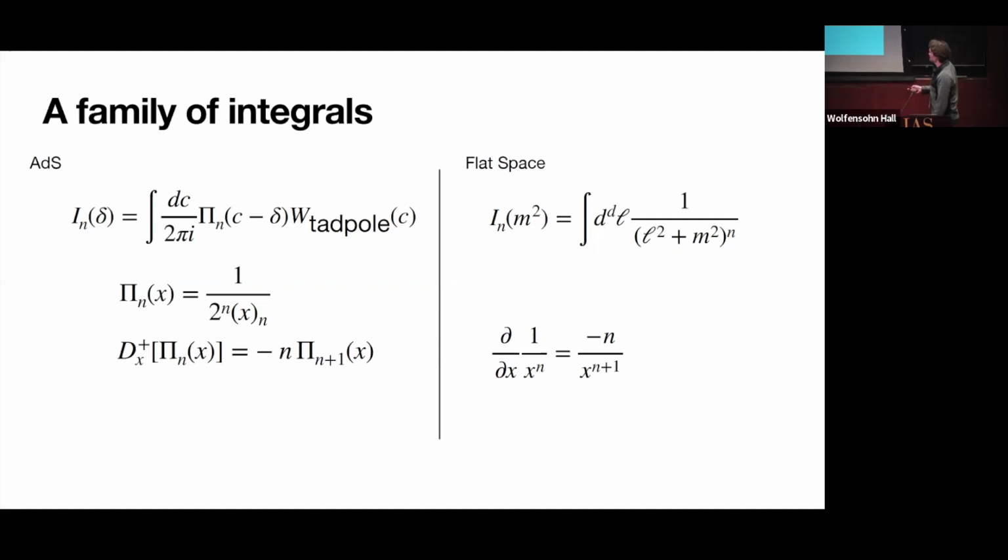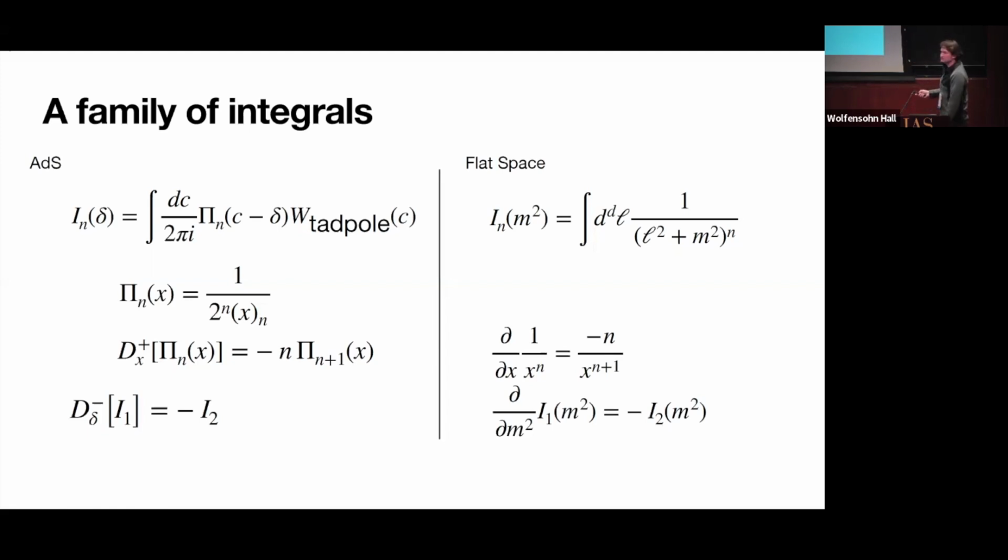And that's what this inverse Pochhammer is. If I take the difference equation of the inverse Pochhammer, pi n, I get negative n pi n plus 1. So my claim is that this inverse Pochhammer is actually the direct generalization of 1 over x to the n when your system is discrete instead of a continuum. And this gives me a family of integrals and sums that's directly analogous to flat space.